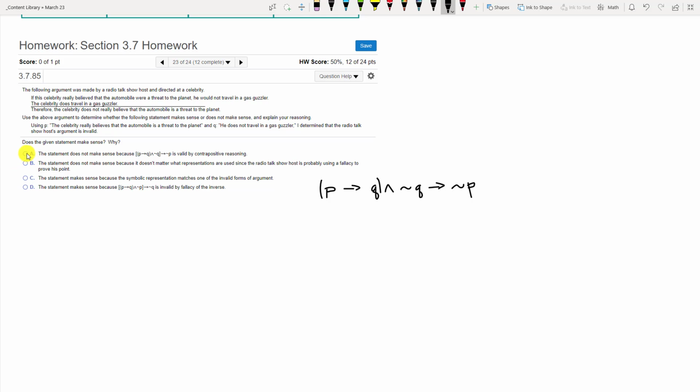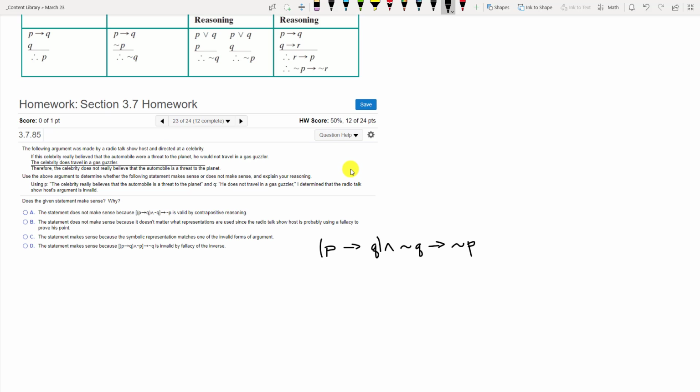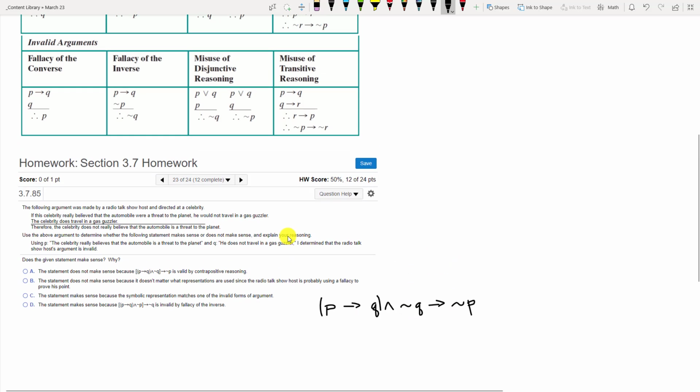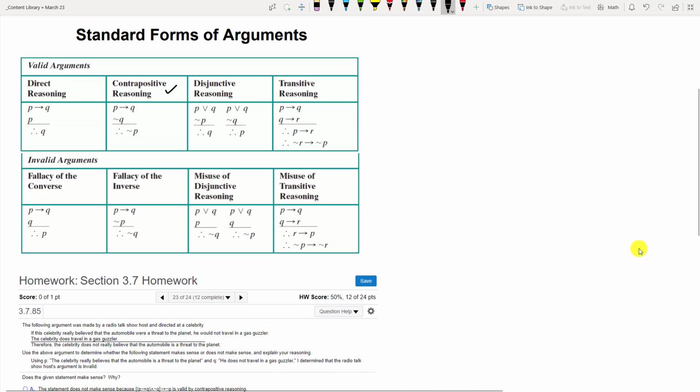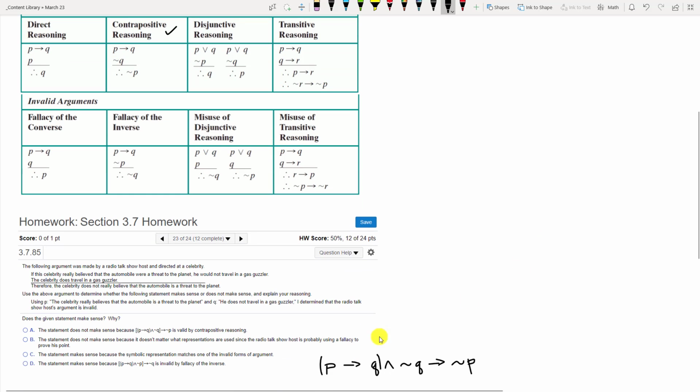So we're going to decide, does this make sense or not? You could certainly set up a truth table here to decide if this argument is valid or not, but what we want to do is go back up and look at some of our valid and invalid arguments and decide which of these matches that statement.